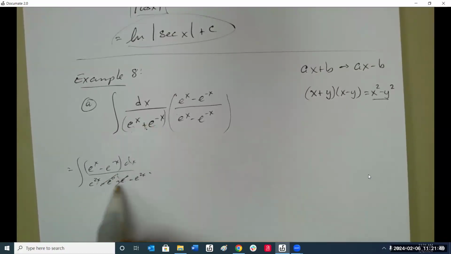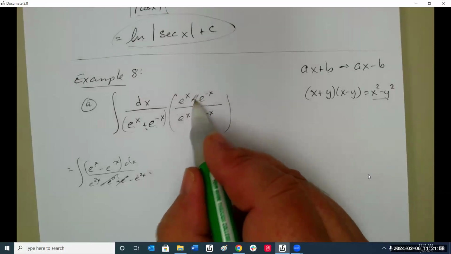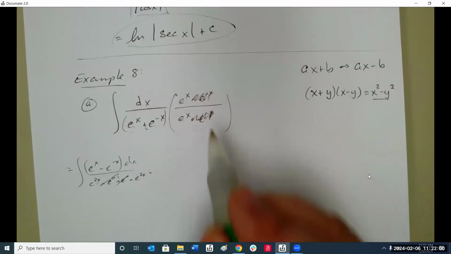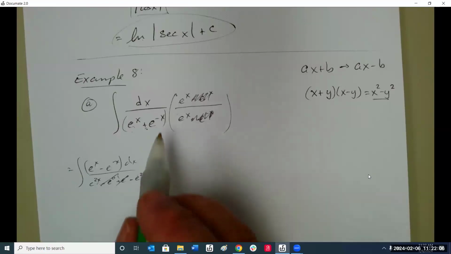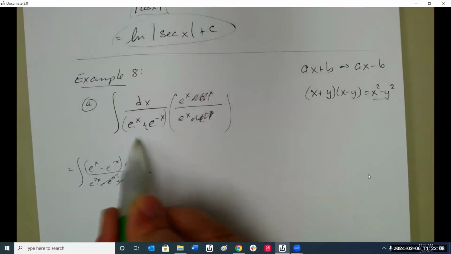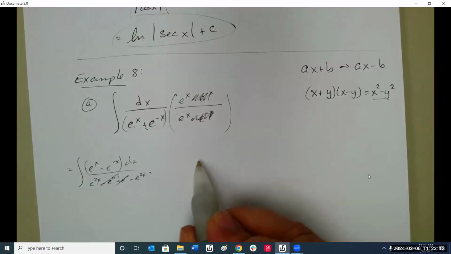We can't do that because we just get the same thing on the bottom now. So instead of using this expression, we'll multiply by e^x over e^x. That's also equal to 1, because that way we're going to try to minimize our denominator. And what would that give us?